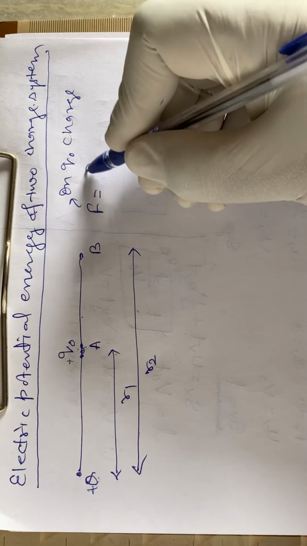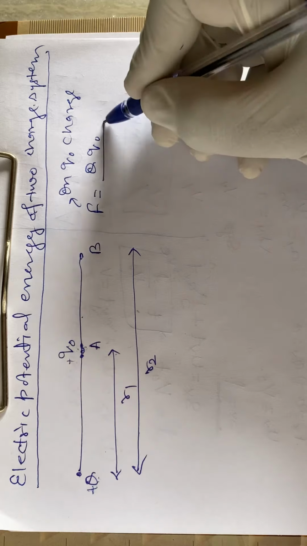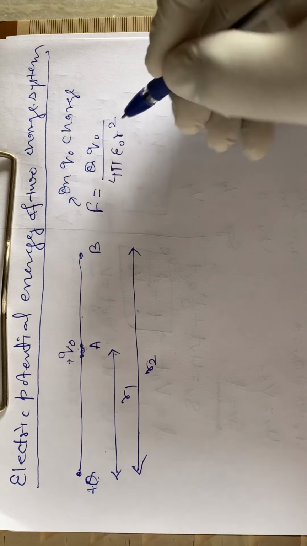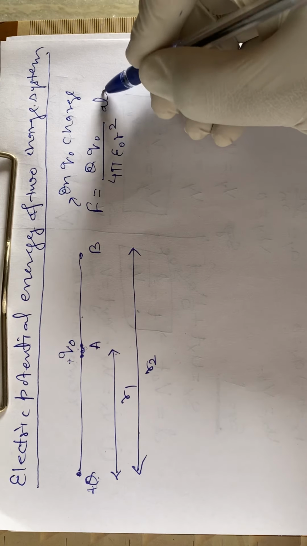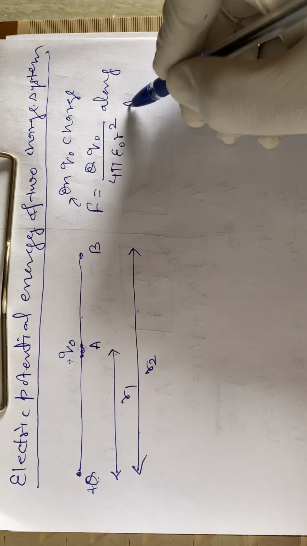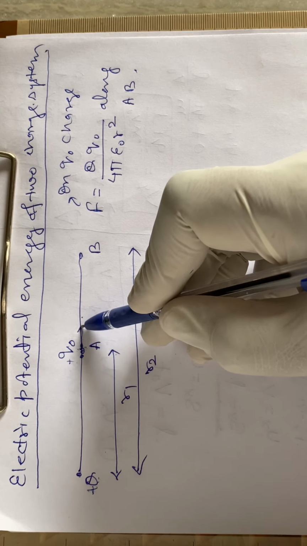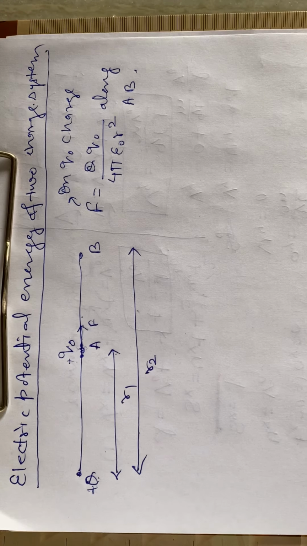This force will be Q Q naught upon 4 pi epsilon naught R square, and this force will be along AB, this way.